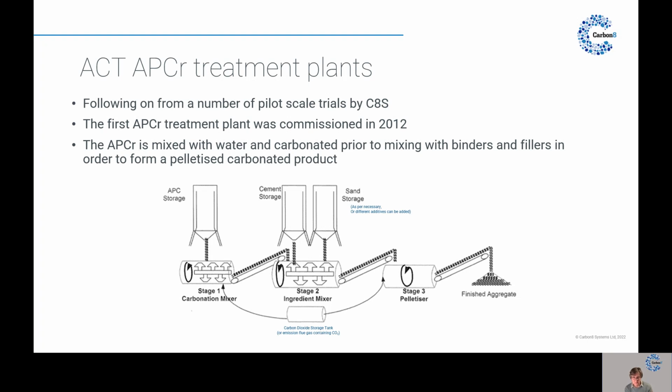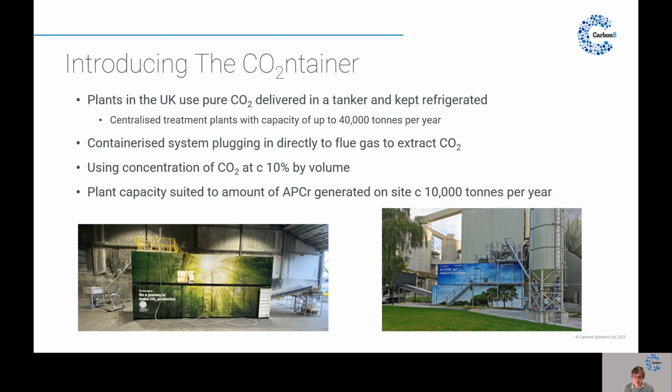So CO2 goes in at both stage 1 and also in stage 3 in the pelletizer, so that the binder is also carbonated to produce the finished aggregate. So in the UK now there are 3 commercial treatment plants, each with a capacity of up to 40,000 tonnes a year of APCR that use pure CO2.